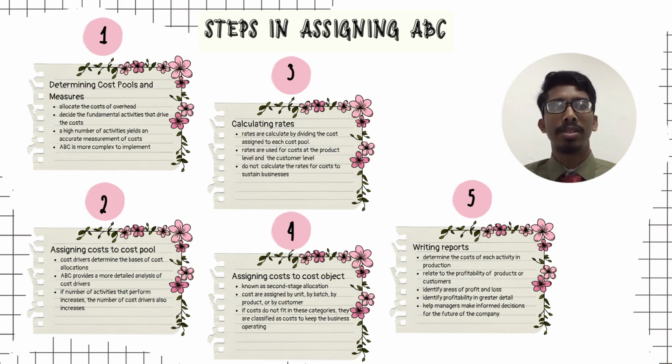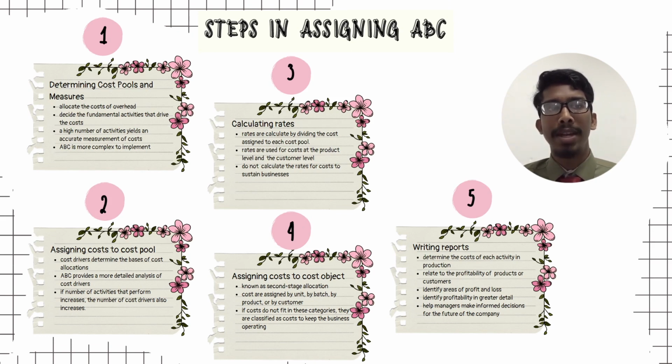The last one is writing reports. So the managerial accountants have to write reports so the managers can efficiently determine the cost of each activity in production. This report usually relates to the profitability of either products or customers. They help managers identify areas of profit and loss in each product or customer group.